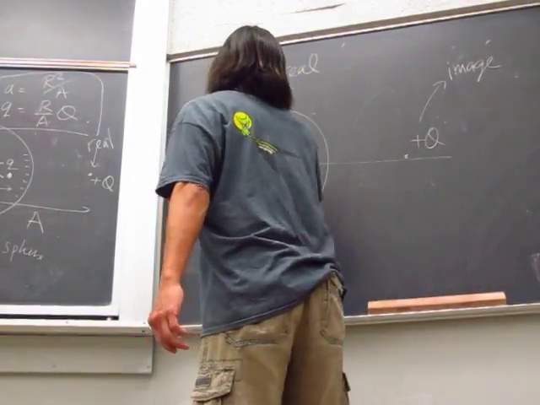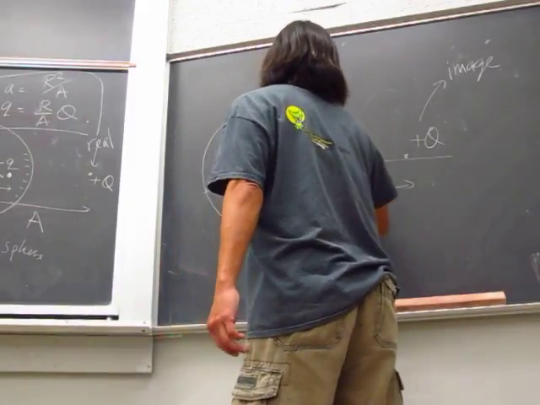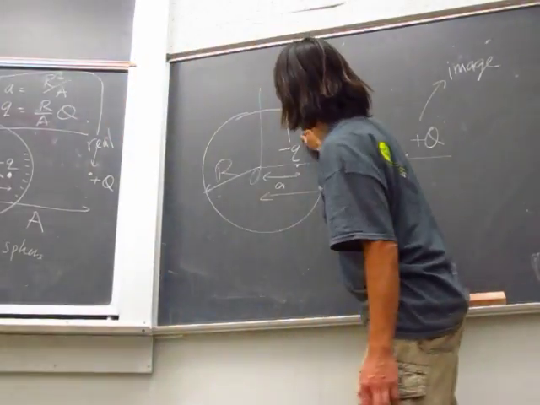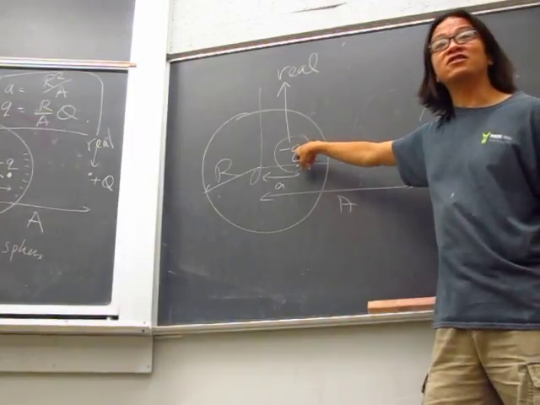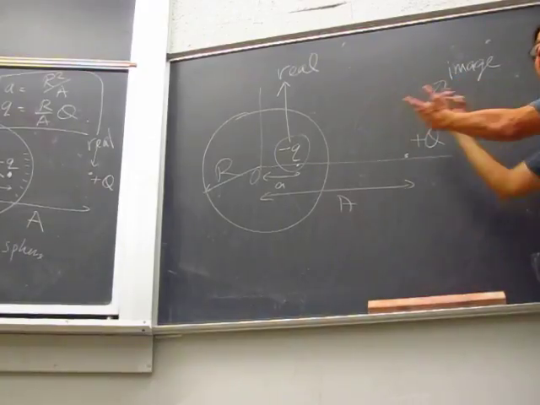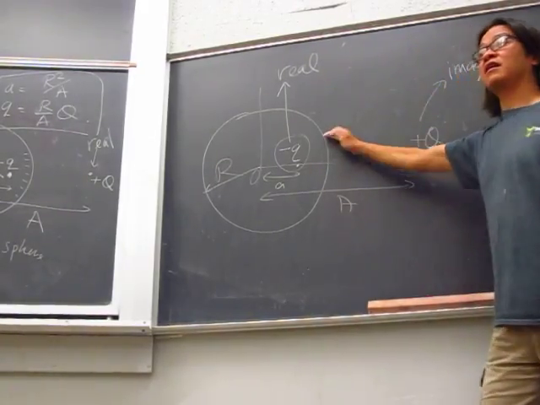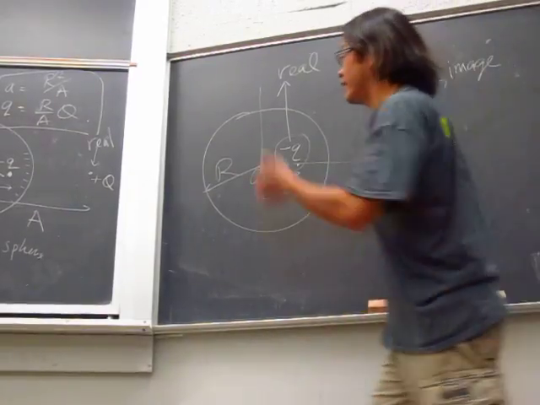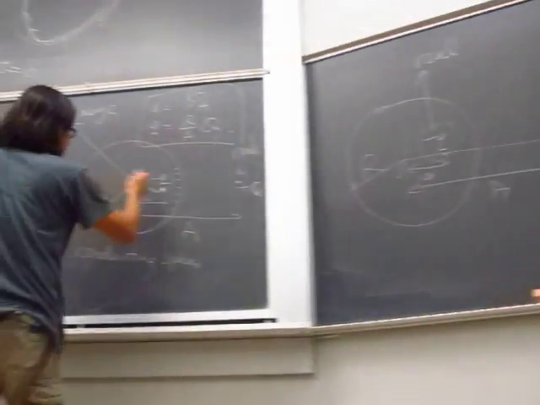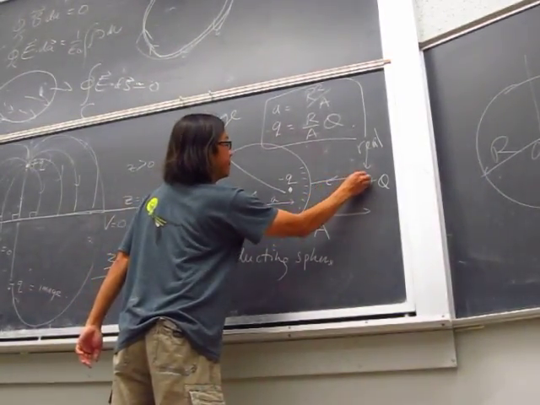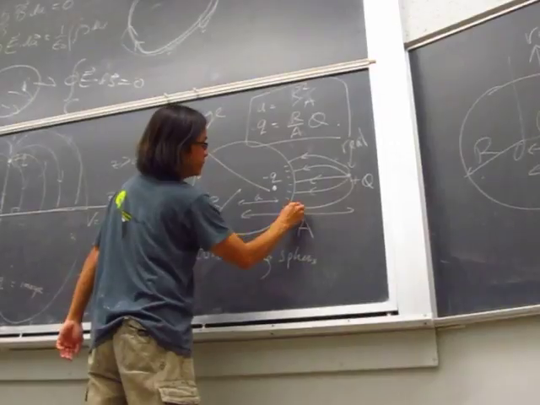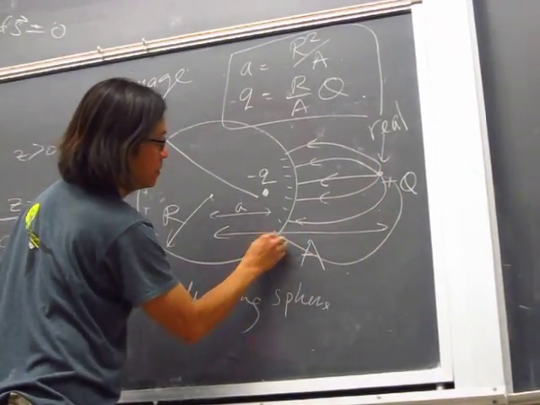This is R. This is A. This still holds, except in this case it's the charge inside that's real. The charge outside is the image. It will still solve the same Laplace equation outside. And will the field line still look the same? Yes. Depending on whether you get plus or minus, the field line is still the same. And everywhere it has to be normal.